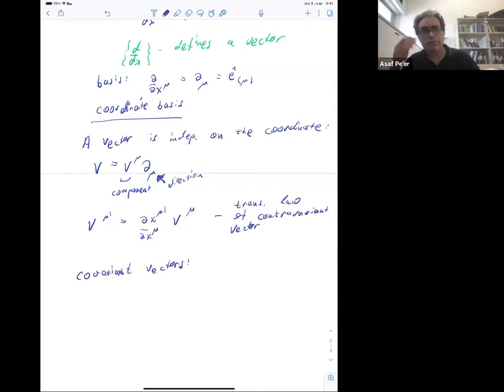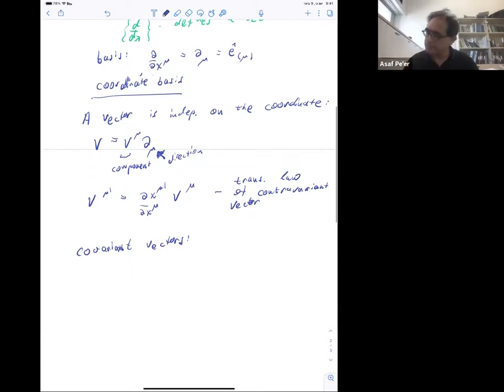We think of covariant vectors as a linear mapping from TP to R, right? Omega is a mapping from TP to R. So these are abstract objects which take a contravariant vector and map it into some number in R. Again, the simplest way to think of it is possibly a row vector versus a column vector.